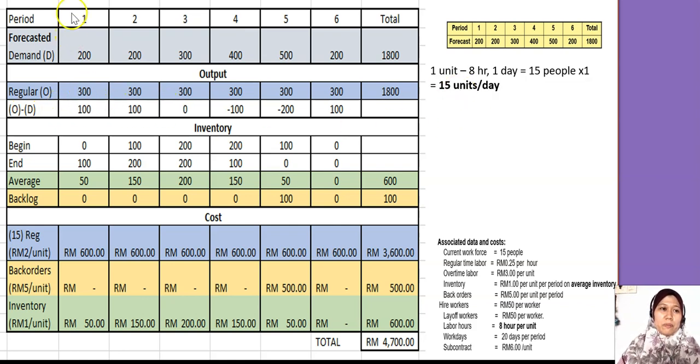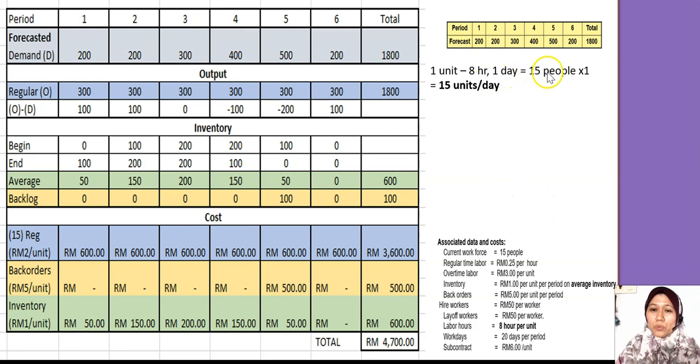So we want to know in one period how many units of skateboard that the 15 workers can make. Okay, so from the information here, there are 15 workers and satu unit skateboard perlu 8 jam. So tadi dia kata satu hari bekerja 8 jam. So dalam satu hari hanya satu skateboard boleh dibuat oleh seorang worker.